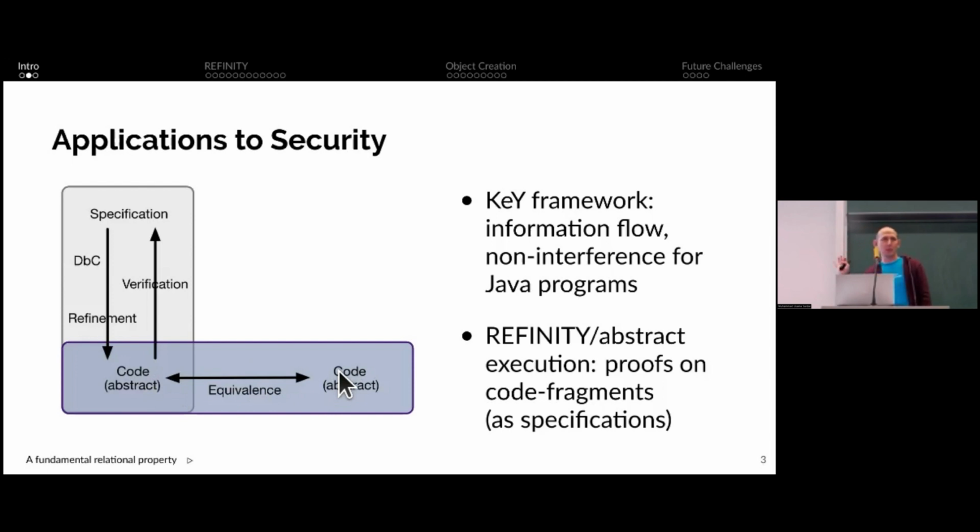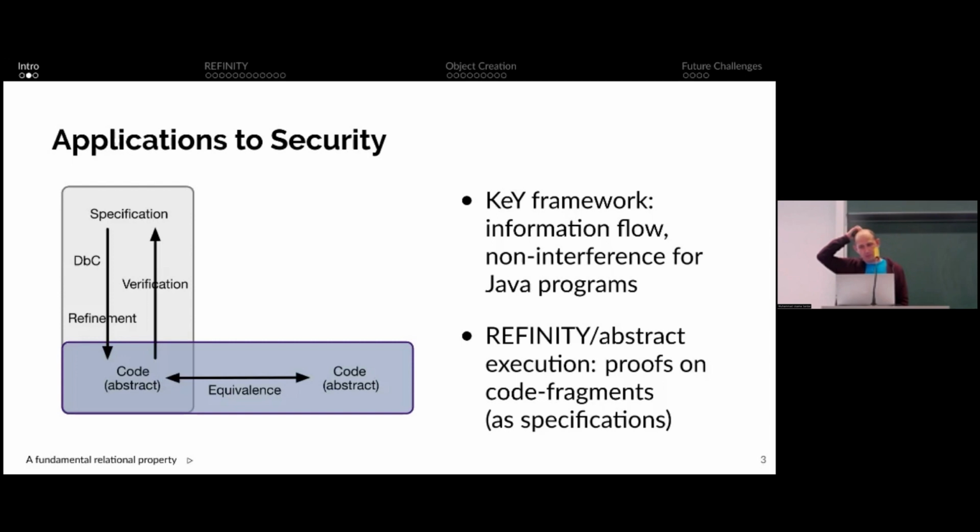I added the word abstract because what we will see is I don't need complete programs to prove something. I can do it just for blocks, individual statements. This whole work is literally standing on the shoulders of giants. The key framework that is underneath is a multi-year, multi-PhD student effort by various groups in Germany.